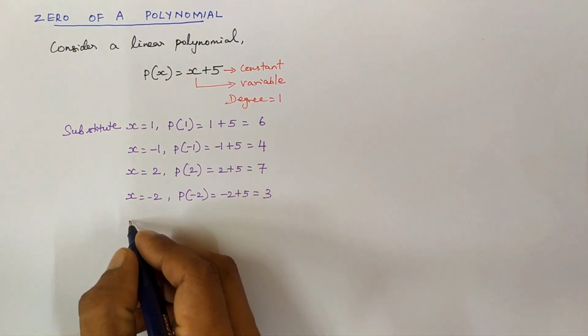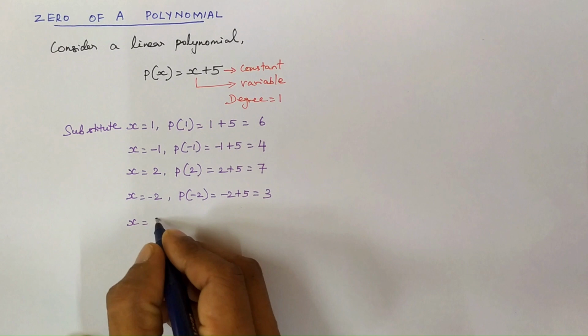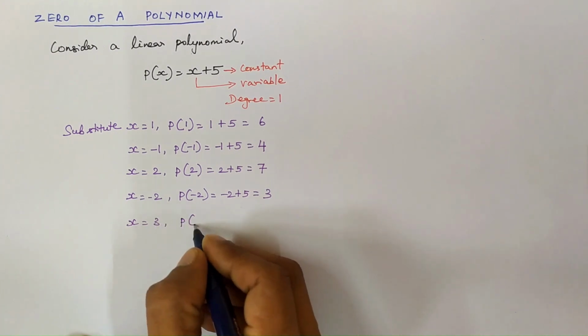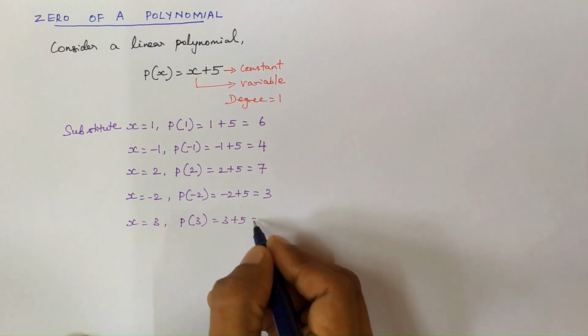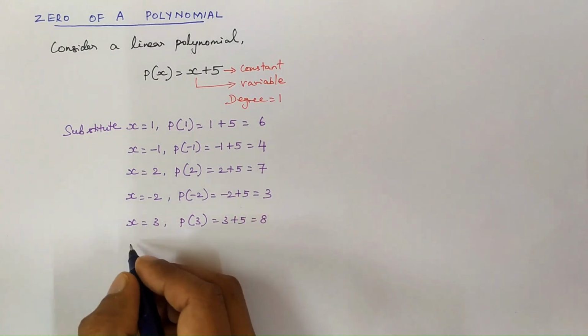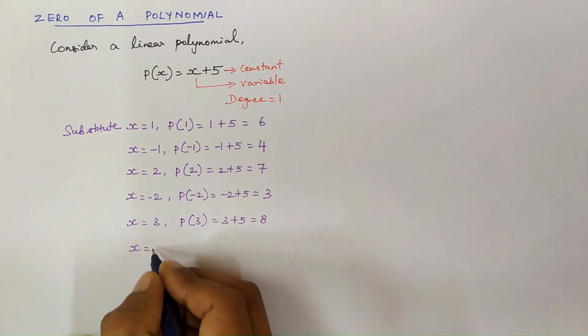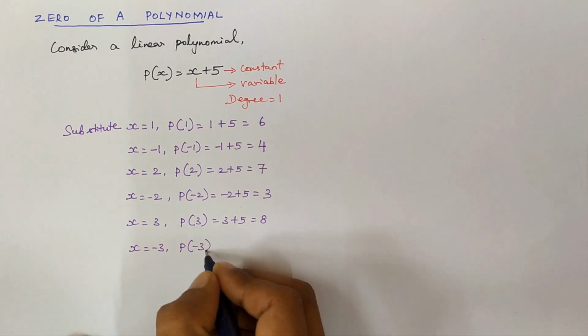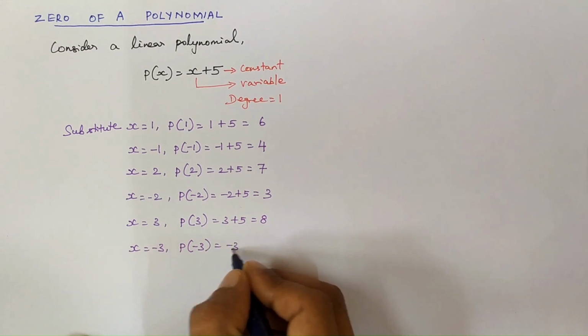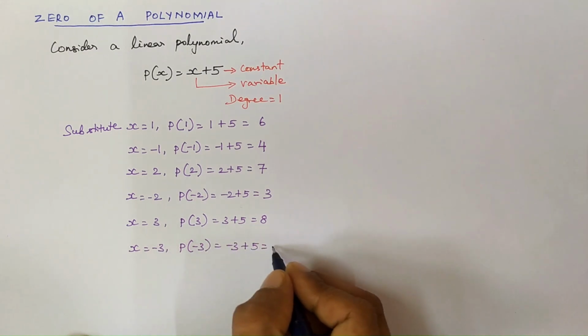If we substitute x is equal to 3, p of 3 becomes 3 plus 5, that is equal to 8. And when x is equal to minus 3, p of minus 3 is equal to minus 3 plus 5, which is equal to 2.